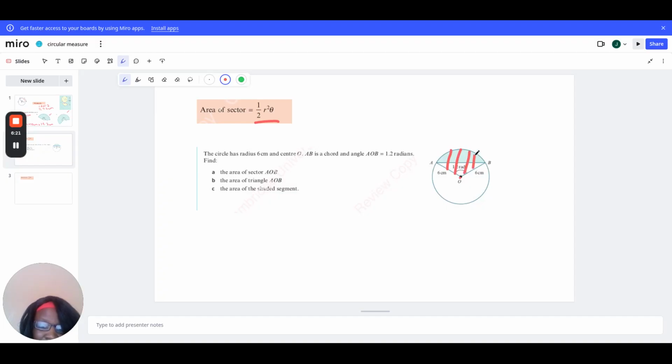So we are looking for the area of this whole thing that I've colored in red, and the formula says half. What is the radius of our circle? 6. We square it, and what is the angle? Times 1.2. What do we get?